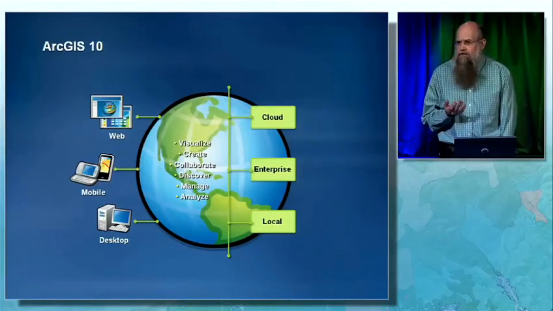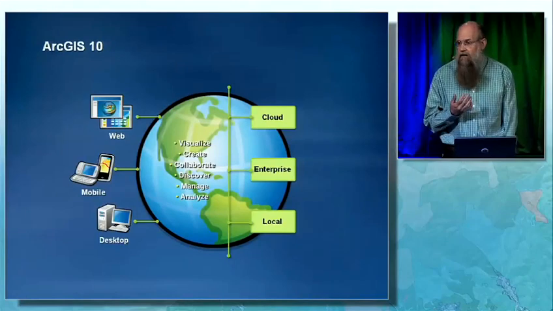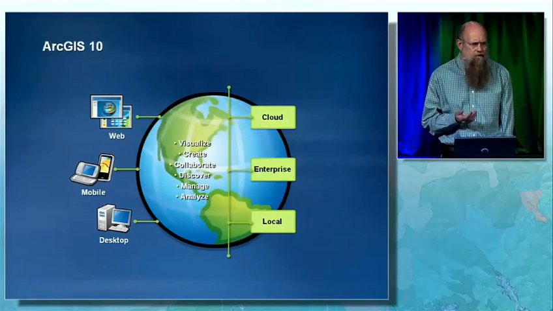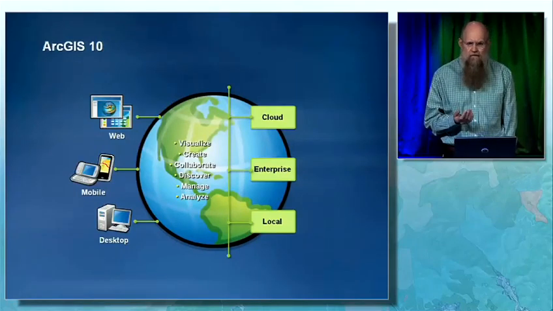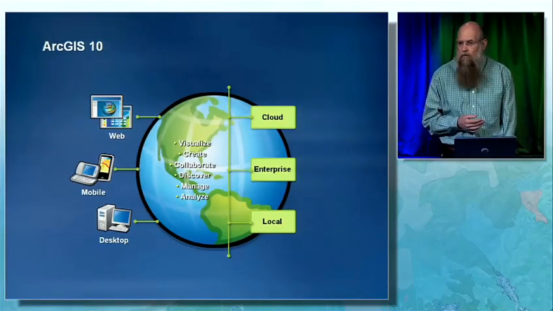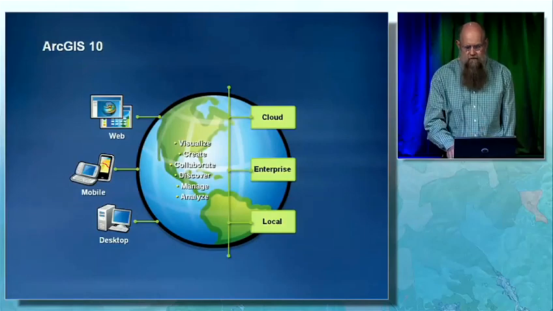The implementation of this world of maps and geographic information we see taking place at three levels. First, in servers, which are hosted on-premise in your enterprise infrastructure. Second, in servers, which are actually hosted in the cloud by ESRI or in cloud service providers like Amazon and Azure. And finally, there's the scenario where the geo-information is hosted and managed in a local server process.